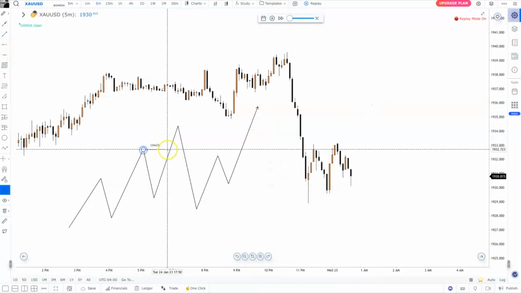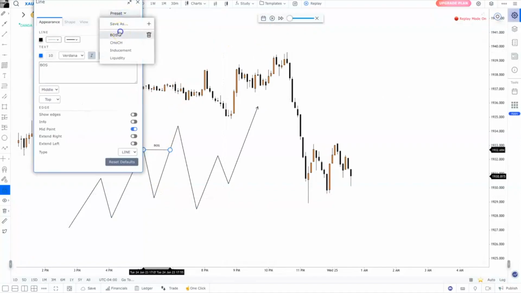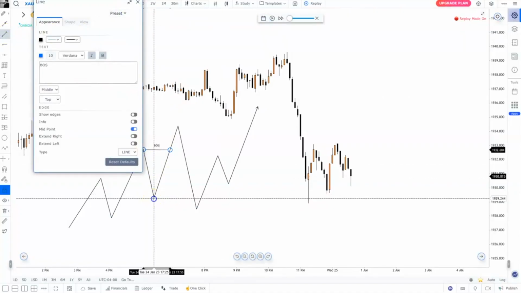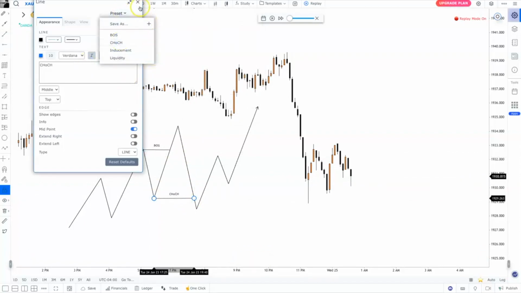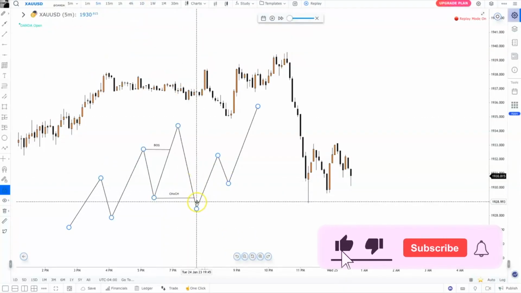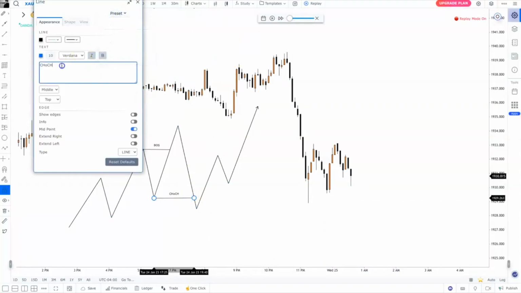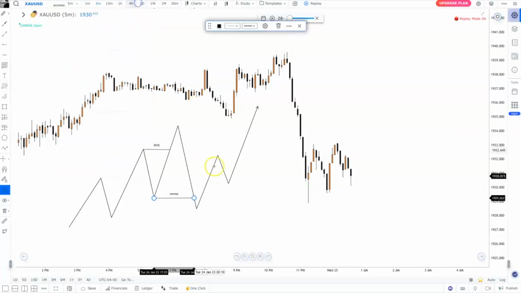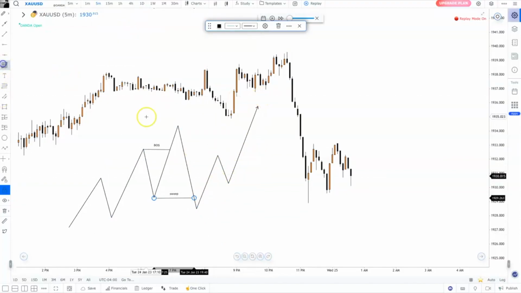So it's giving me this BOS right here in this area and this change of character right here. But in reality this is not a change of character, it's a fake change of character, or it is just known as a sweep or a liquidity grab. It's a fake out, inducing people to go selling when in reality the price is pushing up.